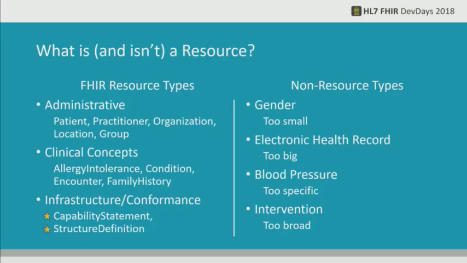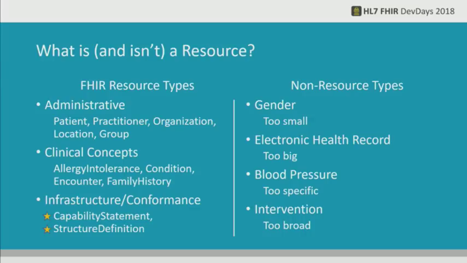Now, what are some non-resource types? Well, if you think about it, things that are very small, like little attributes like gender and so forth. Things that are too big, like electronic health record. Well, those are collections of other different resources brought together into a bundle or a collection. Blood pressure, which I heard, is an observation.